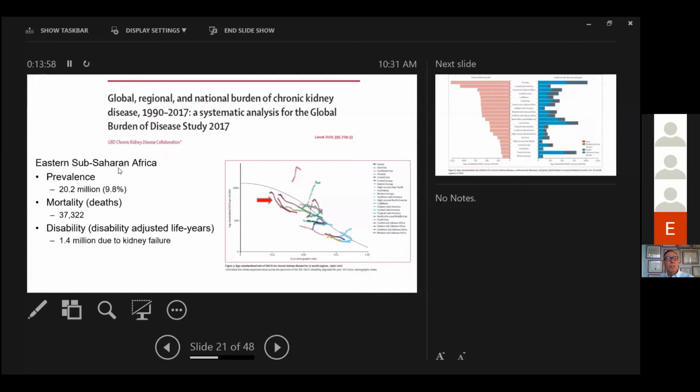And in Eastern Sub-Saharan Africa, the prevalence of CKD was about 9.8%, similar to the rest of the world. The mortality is 37,000, and the disability adjusted life years is about 1.4 million due to kidney failure. And this string of dots here represents the countries that the Lancet groups into Eastern Sub-Saharan Africa.